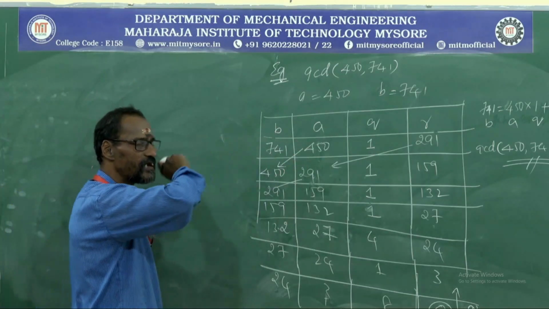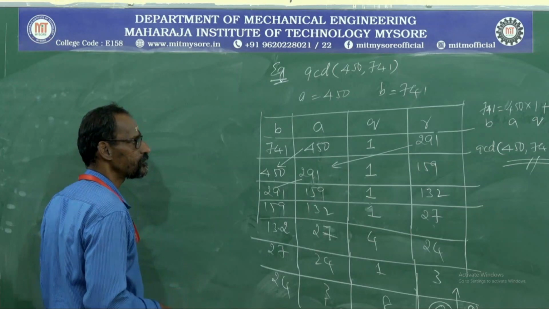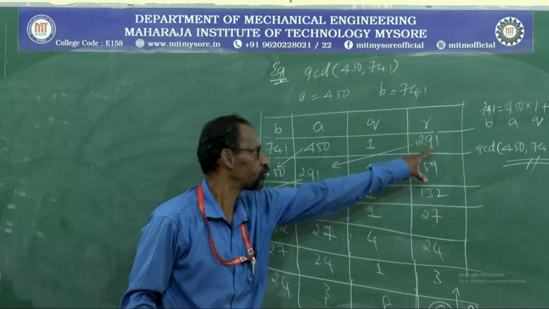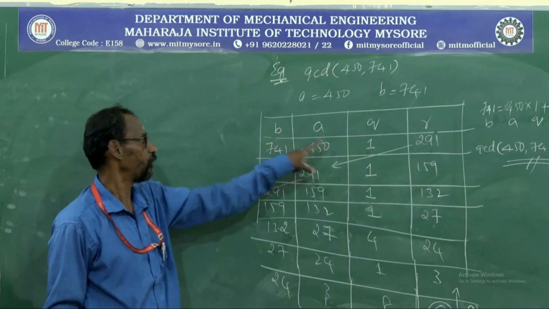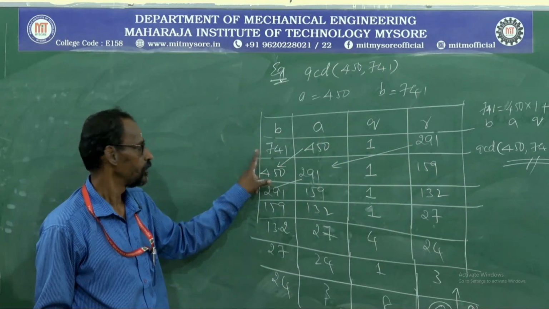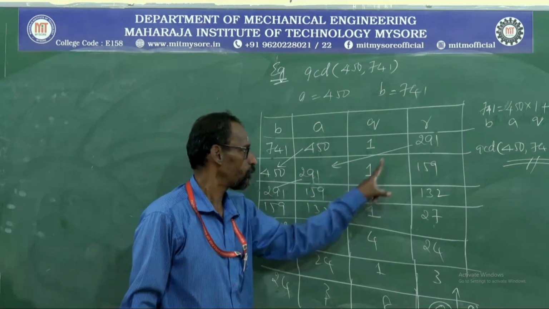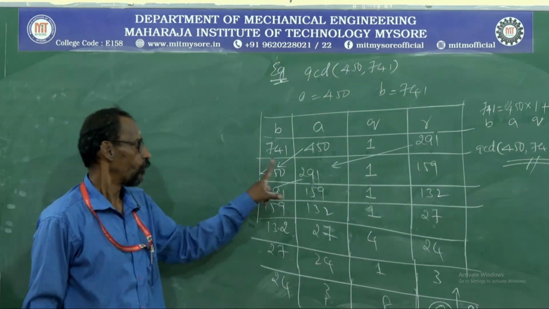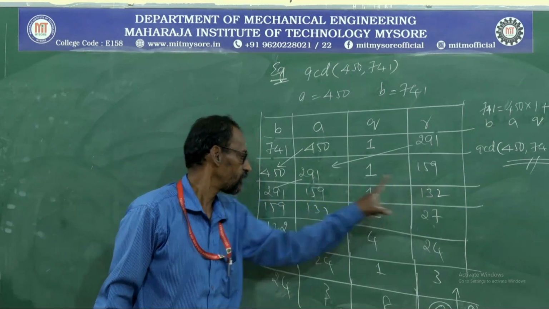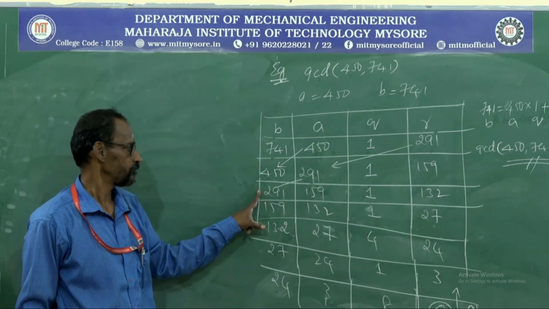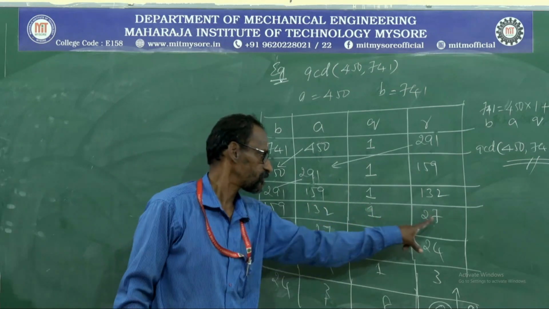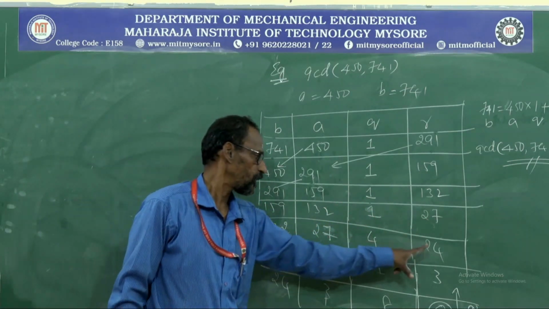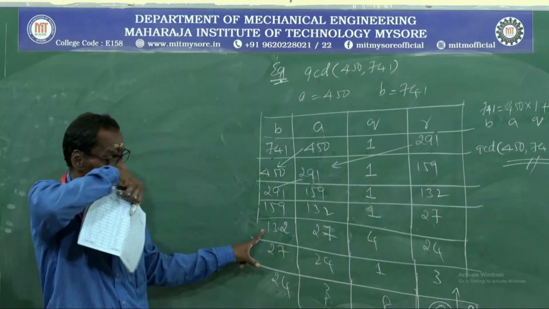Each operation is a division algorithm. What do you mean by this? 450 into 1 plus 291 gives 741. 291 into 1 plus 159 gives 450. 159 into 1 plus 132 gives 291. 132 into 1 plus 27 gives 159. 27 into 4 plus 24 gives 132.